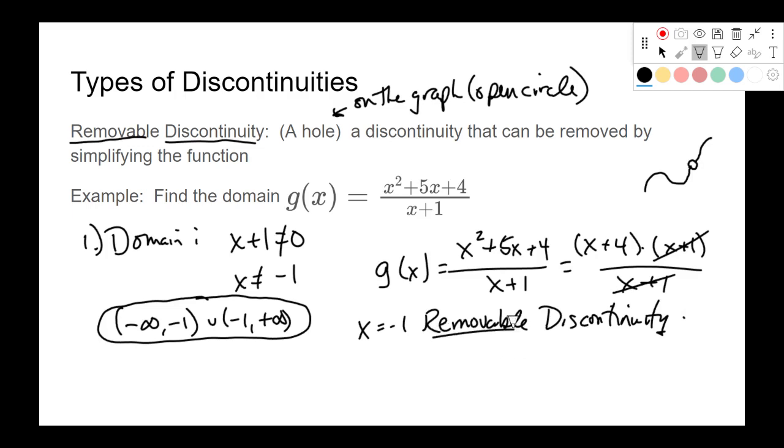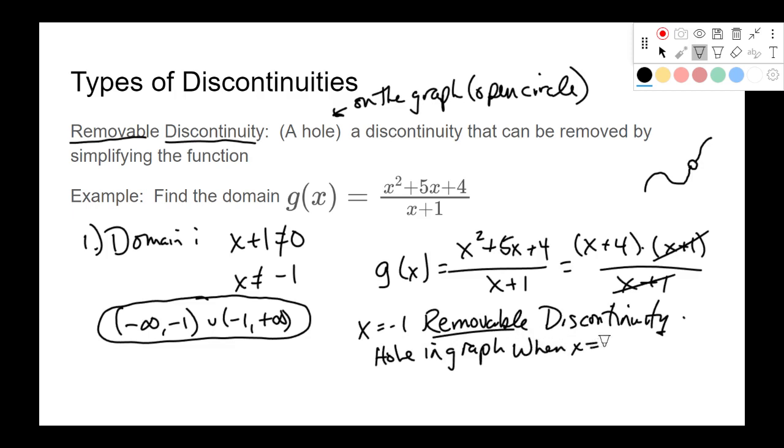It's called removable. What it means is that there's going to be a hole in the graph at the point where x equals -1.